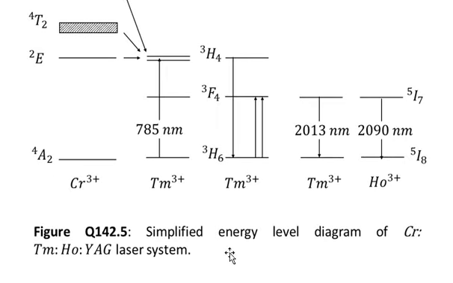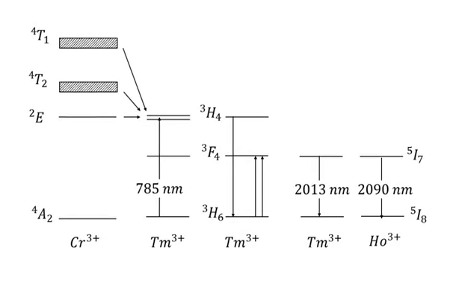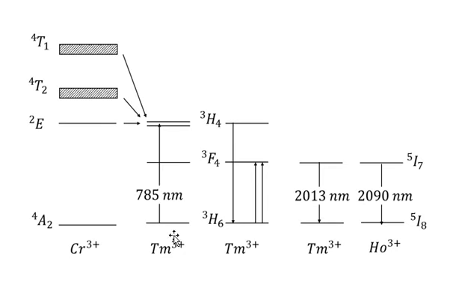The caption of the figure is a simplified energy level diagram of the chromium, thulium, holmium YAG laser. Let's first talk about the levels due to the thulium ions. Here I have shown the levels, labeled as the 3H6 level, which forms the ground state level of the thulium ion.